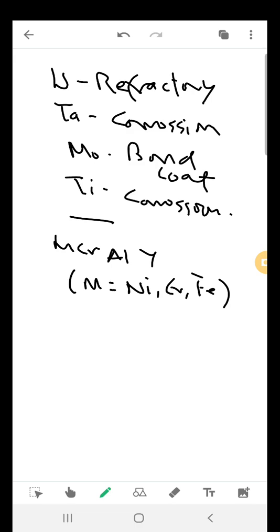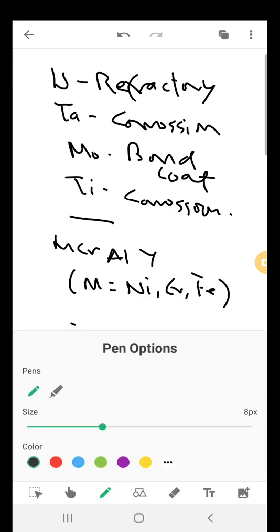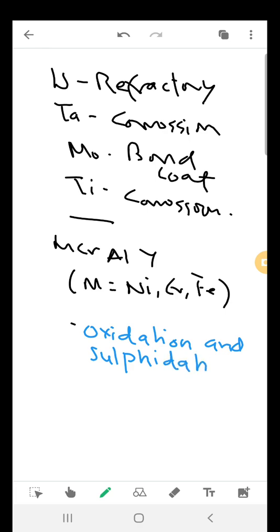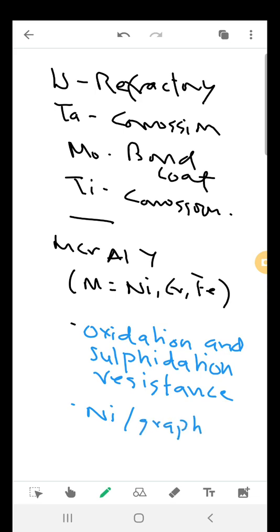These alloys are used for oxidation and sulfidation resistance. And also there is a nickel and graphite alloy which serves the same purpose.